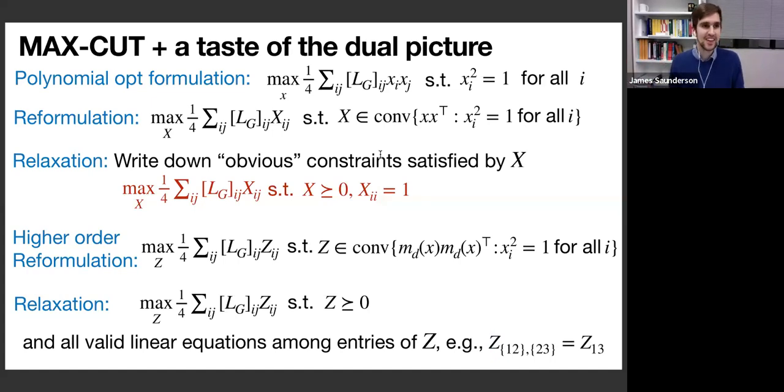So I just wanted to mention this so that you got a flavor of what's going on in the dual story. This dual story is very well developed, largely by Lasserre and many other authors, just as much as the sum of squares story is developed. It's very beautiful, but I decided not to emphasize it so much in the sequence of talks.